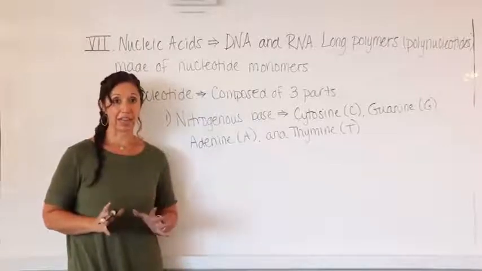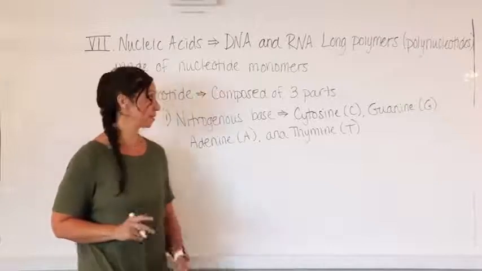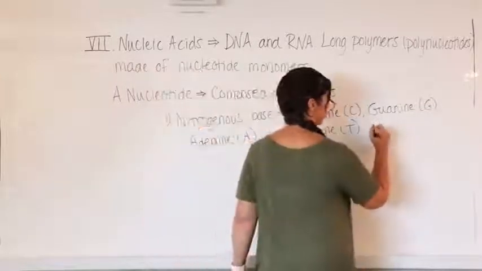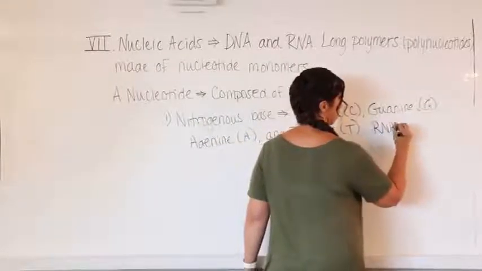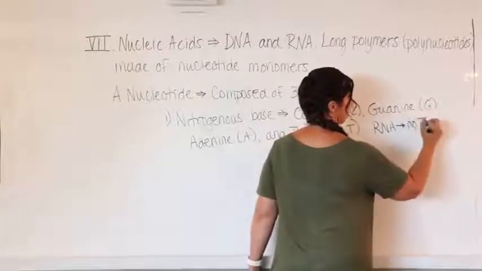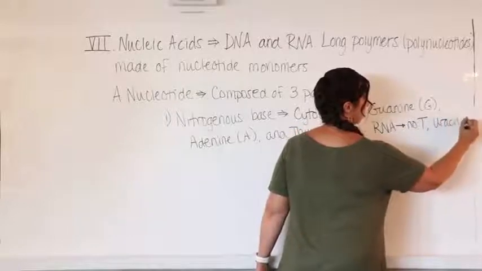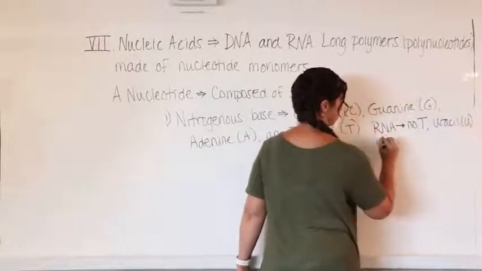However, RNA doesn't have T's, it only has U's, which is uracil. So what you need to know is that RNA basically has no T, but it has uracil, which is U instead.